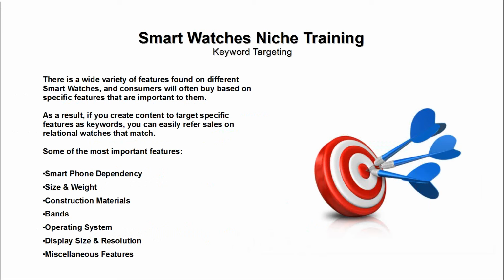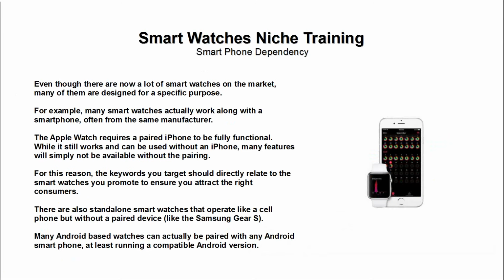Even beyond these main ones, there's a whole bunch of other miscellaneous features that still apply in this same manner. These are easily things that you can create articles about on your website and target traffic that comes in through those articles to buy very specific products that match these important features.